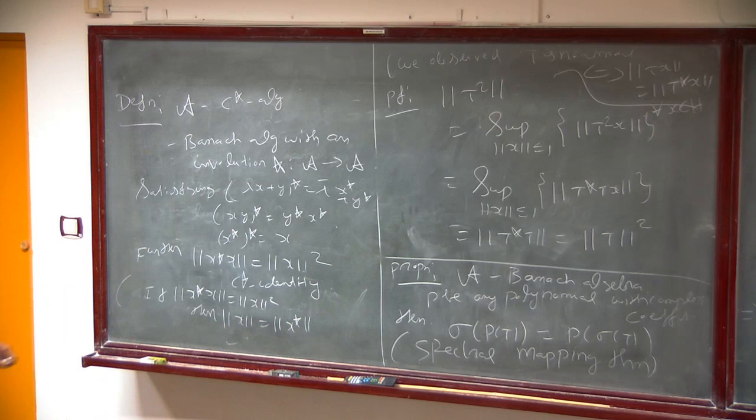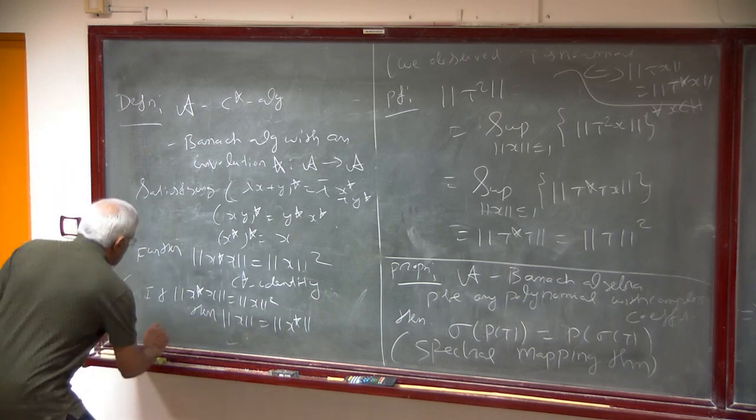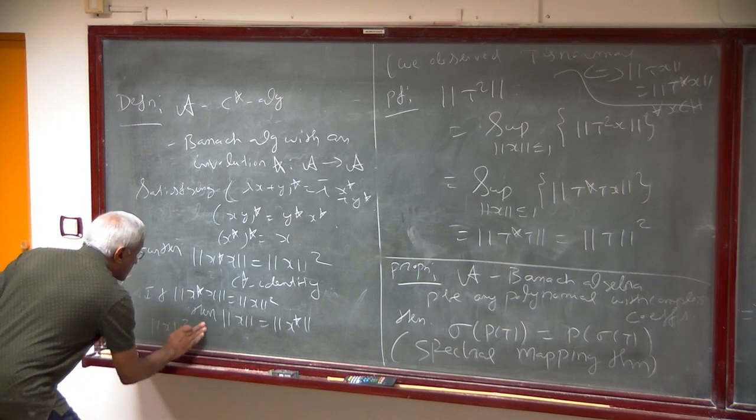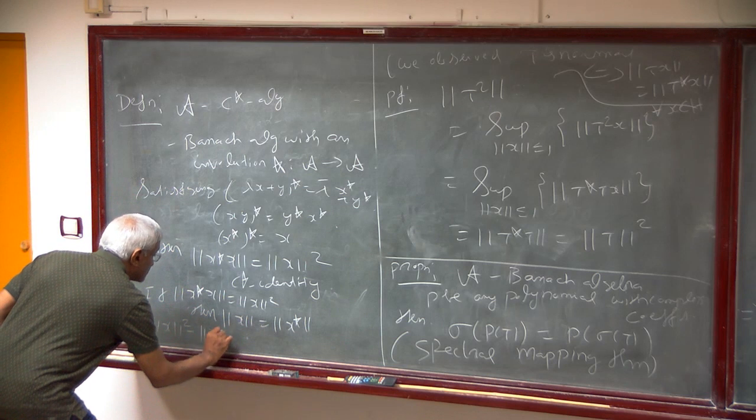Yeah, we've used it for operators. It will follow here also, right? Norm x squared equals norm x star x.